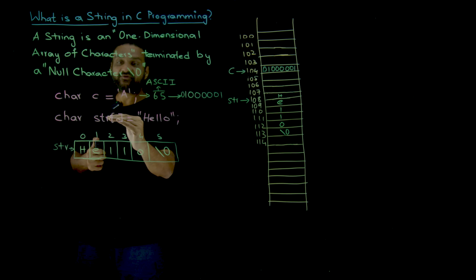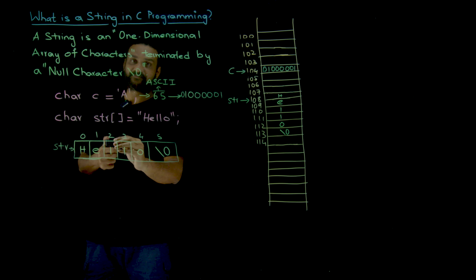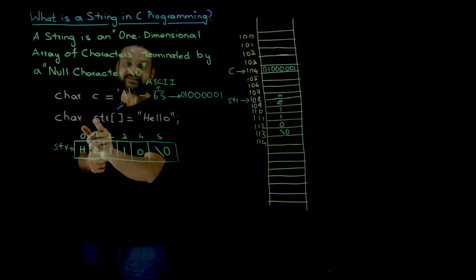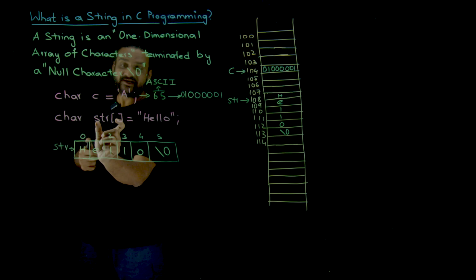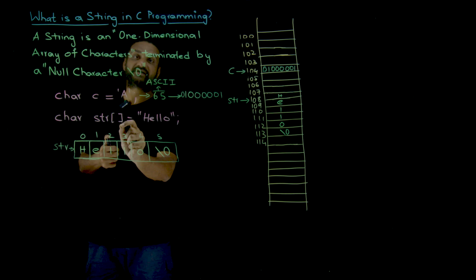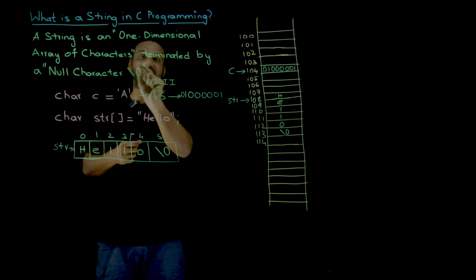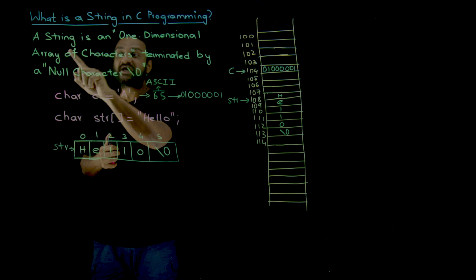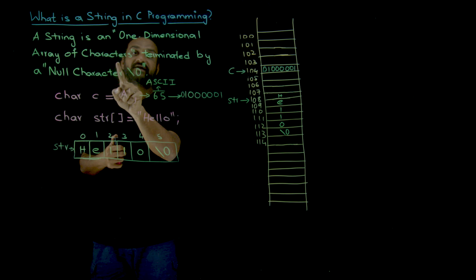The second line of code is all about the string. Here, in this declaration, I have declared the name of the string as str, and I have declared it as an array, str with brackets. Why have I done that? As the definition states, a string is a one-dimensional array of characters.